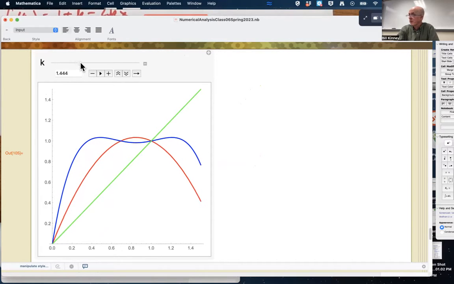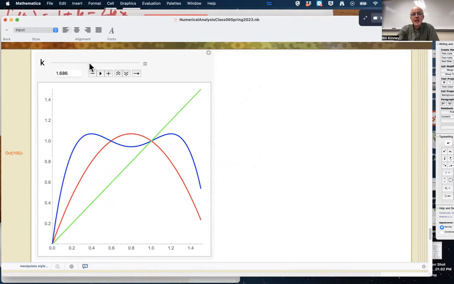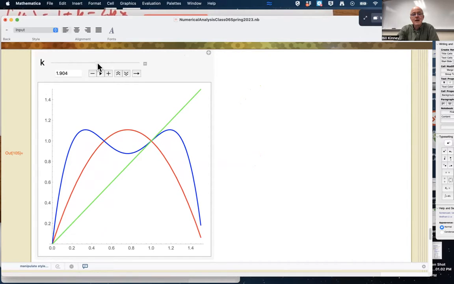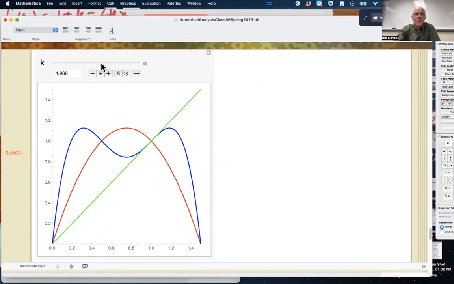The blue curve, which is 4th degree, starts looking more like a 4th degree does. And once you reach k equal to 2, this blue curve is starting to fold enough, you might say, that it ends up crossing y equals x 4 times when you're past 2.